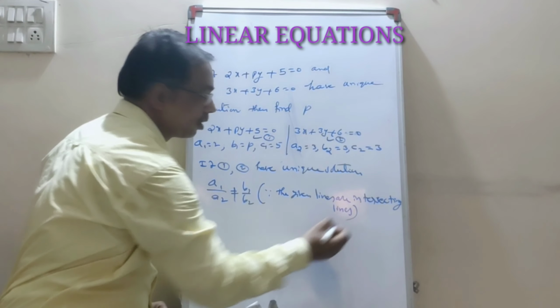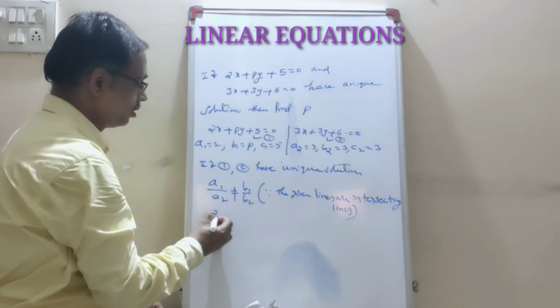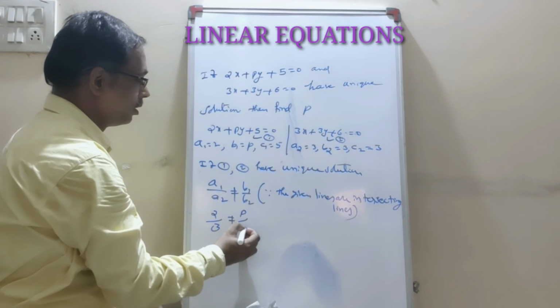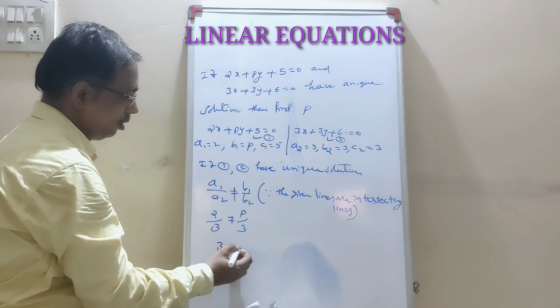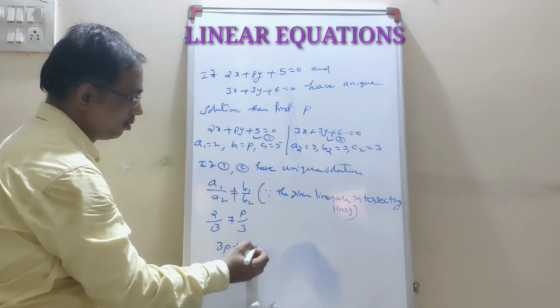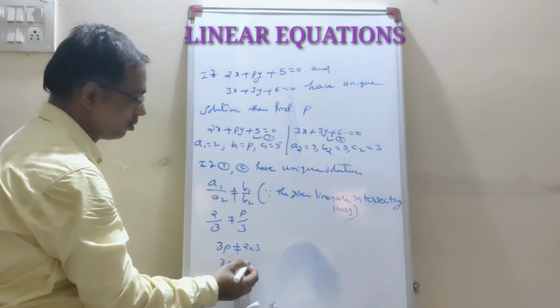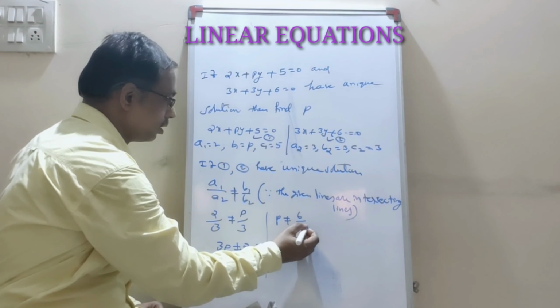Now here a1 by a2 is not equal to b1 by b2. a1 by a2 is 2 by p, is not equal to p by 3. So be careful, see this carefully. p squared is not equal to 2 into 3. That is, p is not equal to 6 by 3.